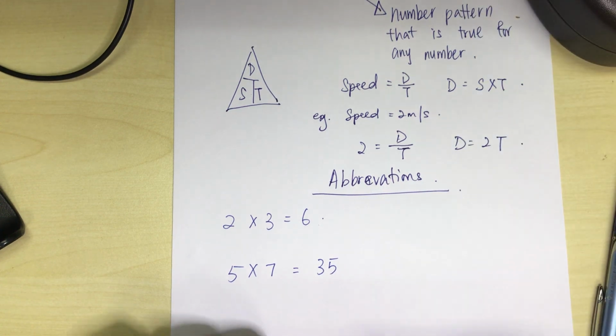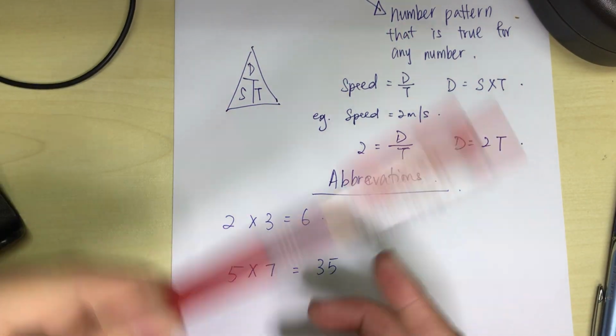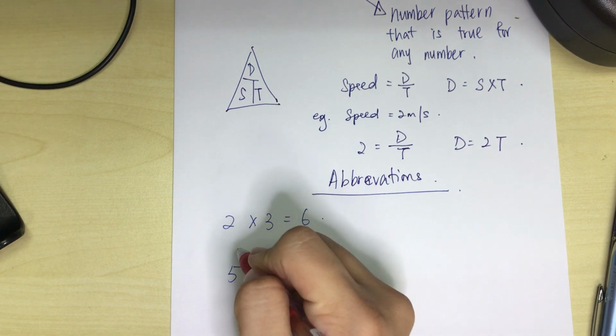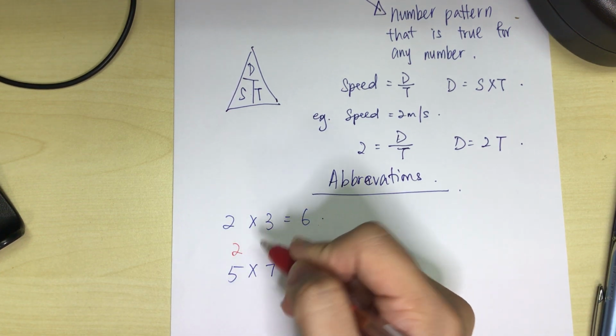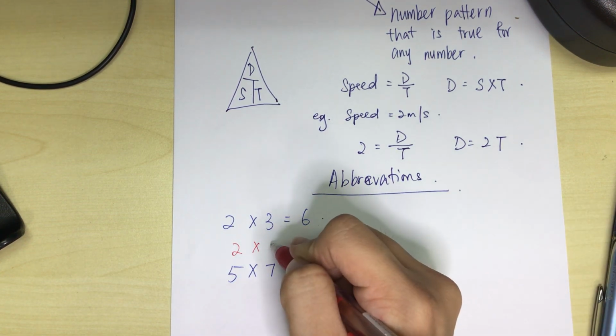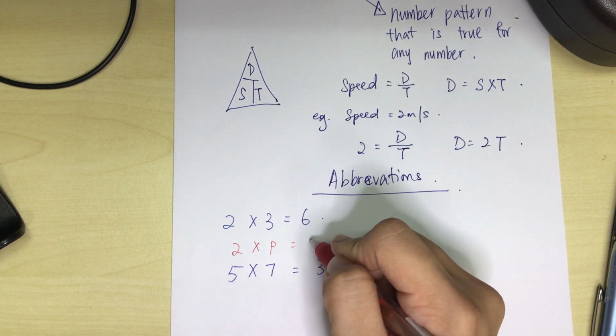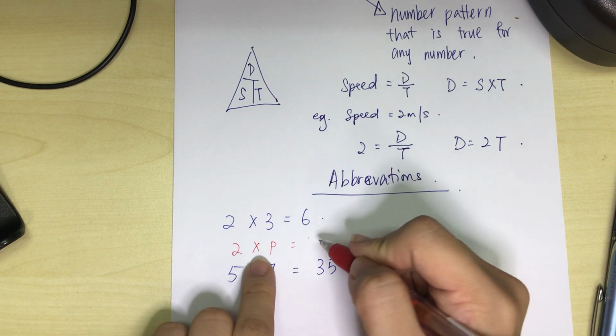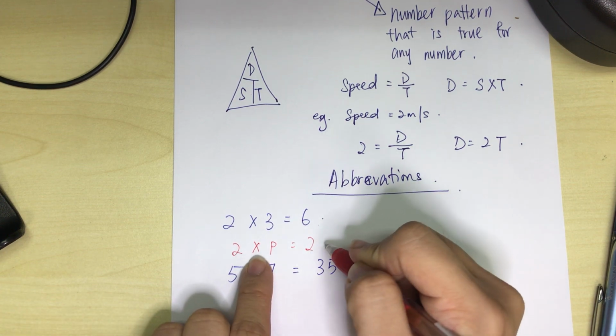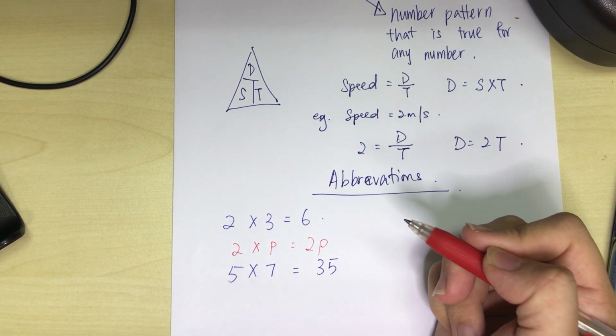Now how do you write in algebra form? So if, for example, I have my 2, but my 3 is represented by a letter P. Then I will have 2 times P. But in algebra, normally we do not need to write the multiplication. So we just write 2P.